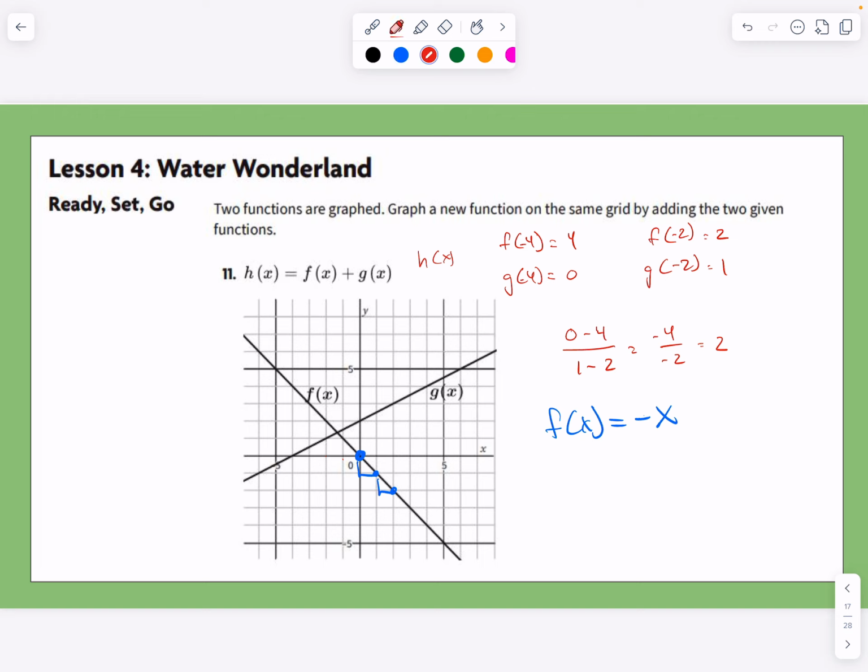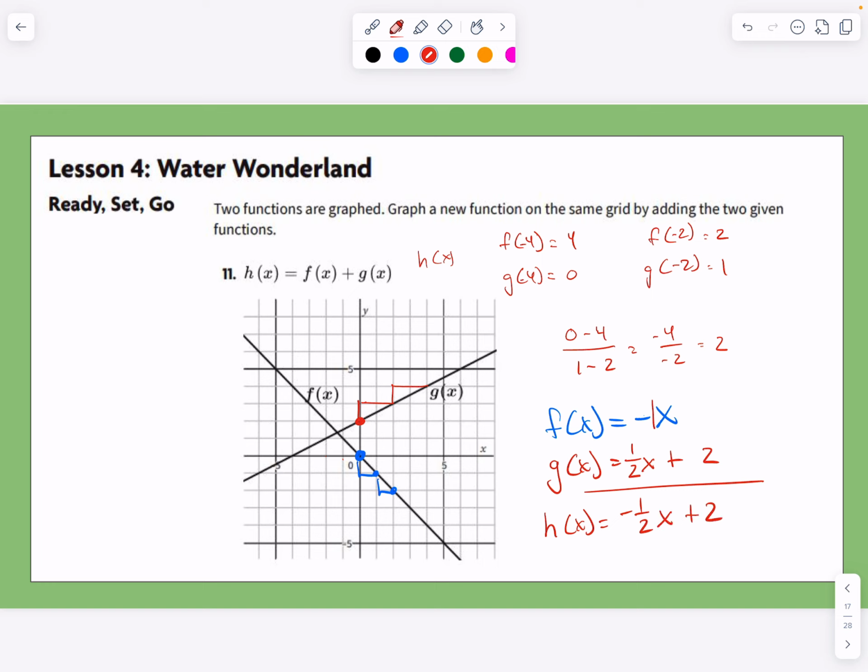For g of x, I saw that I had a point here, that's my y-intercept, and I'm going up 1 and over 2, up 1 over 2. So I can see that my rate of change is 1 over 2x, and my y-intercept is 2. So now when I add those together to get my h of x, what I came up with is that a negative 1 plus a half is a negative 1/2 x, and then 0 plus 2 is 2.